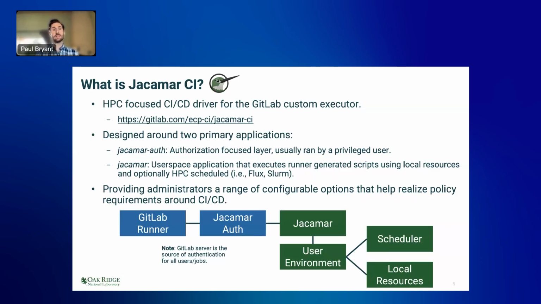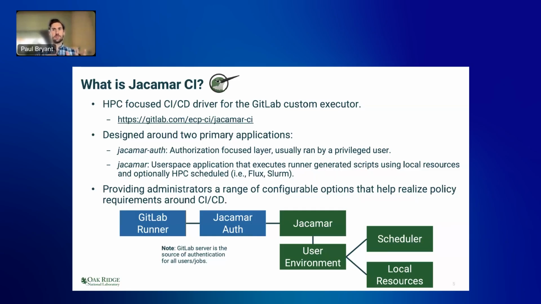And that can run against things like just your local bash shell or an HPC scheduler like Flux or Slurm. The important thing to realize about what Jacamar is aiming to do is that the same environment you see when you log into the machine is the same environment Jacamar wants to provide you for running your job script every time.